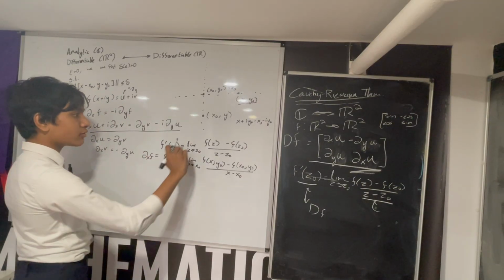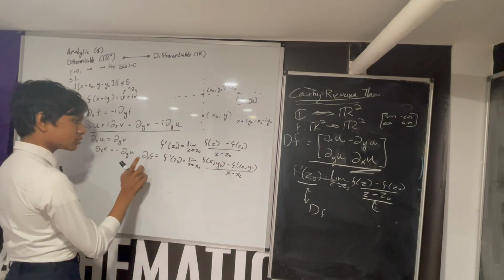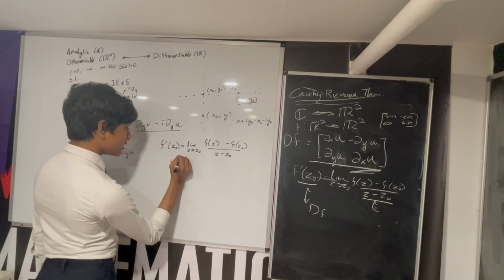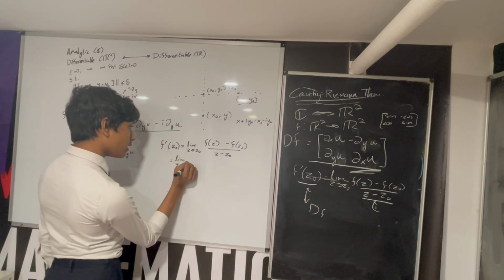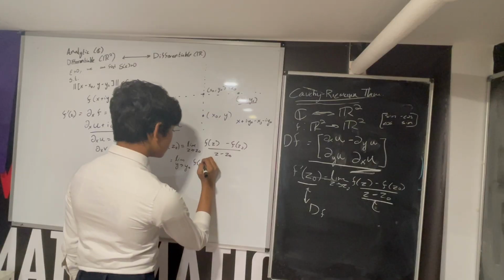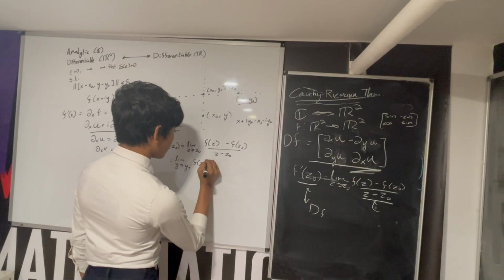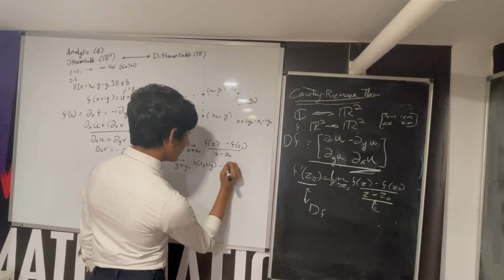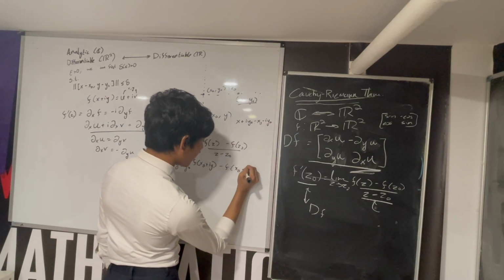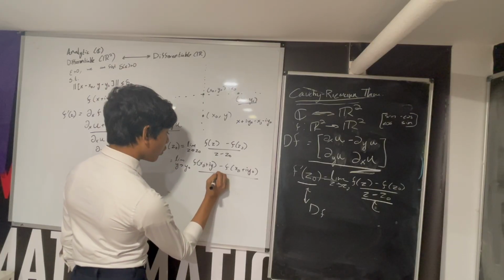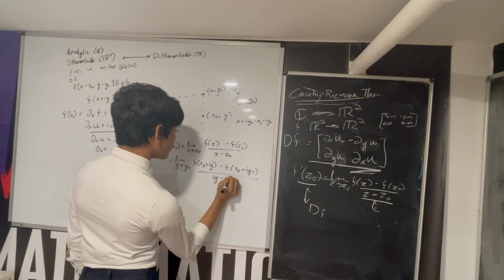Now what happens if we go from the other direction and try to find partial y of f? Well, we get the limit as y approaches y naught of what? Well, f of z, which is x naught plus iy, minus f of x naught plus iy naught, over what's here? Iy minus iy naught.